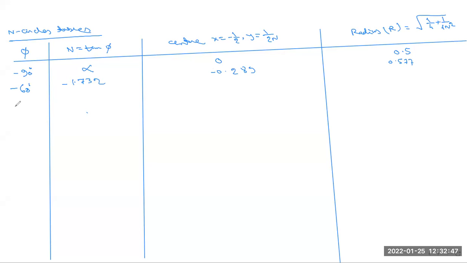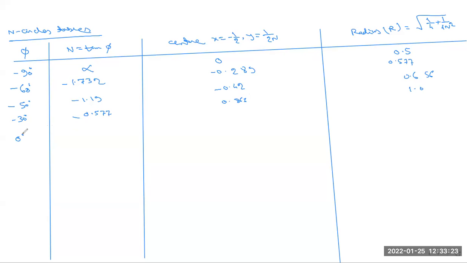And so on. You have to consider another one, 150 degree. So you have to change the value one by one, and the values also change one by one. Then you have to put minus 30 degree. The value is coming minus 0.577, 0.866, and it is also 1.0 radius.